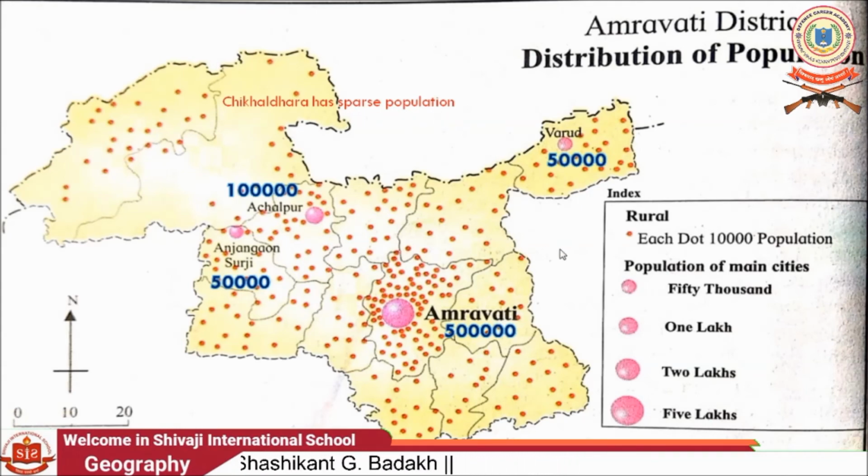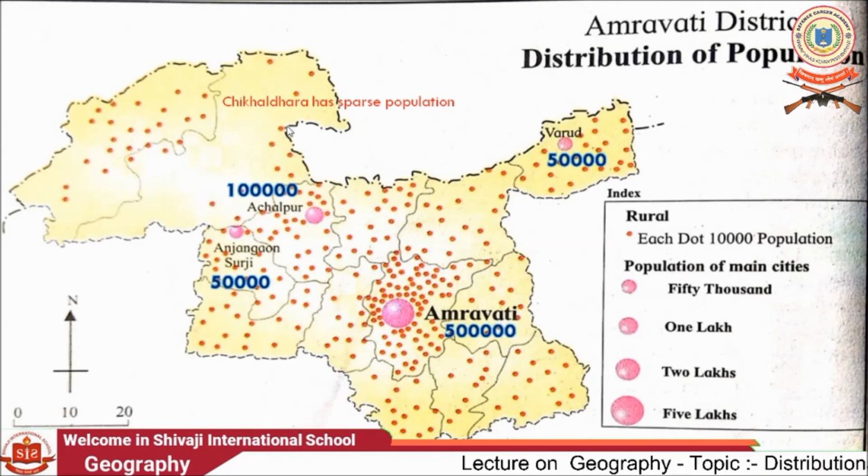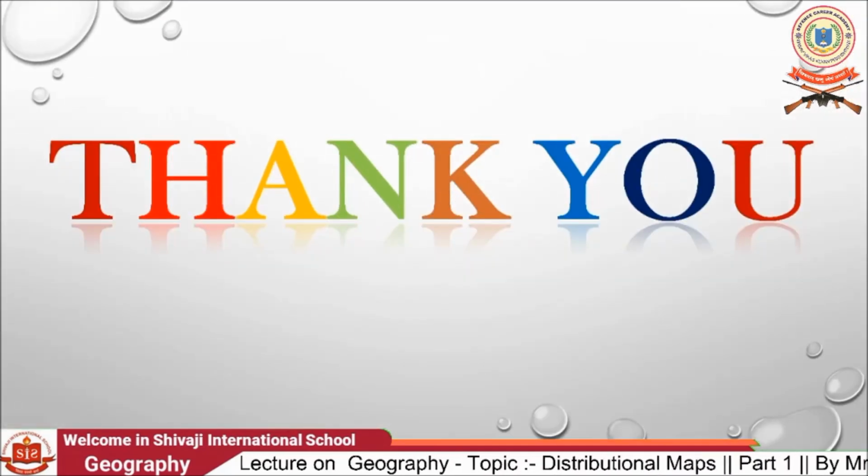By seeing this map you can identify that Amravati has a high density of population, and Chikhaldara has a sparse population density. See, the dots are located very sparsely here. Okay. So, hope students you understood all these things regarding the dot method.